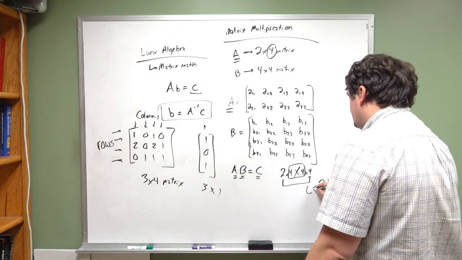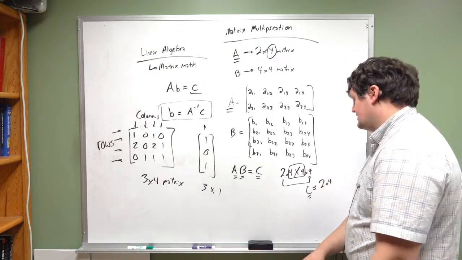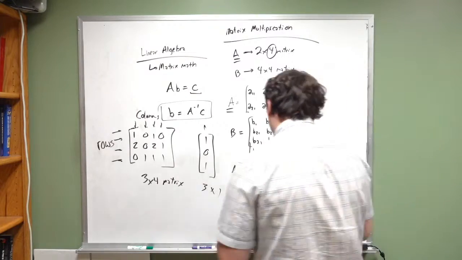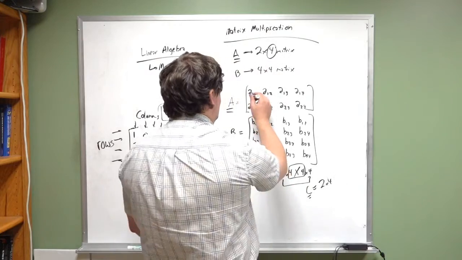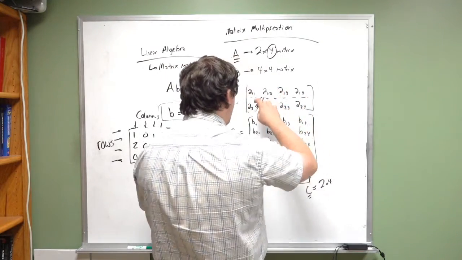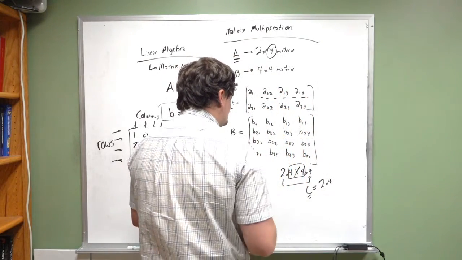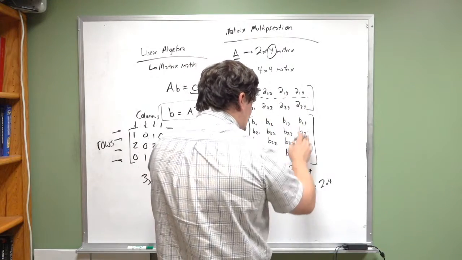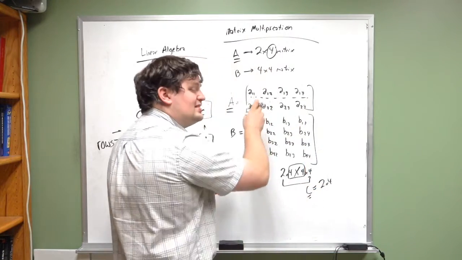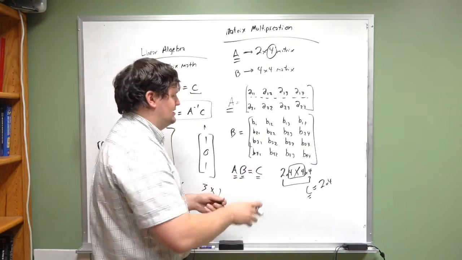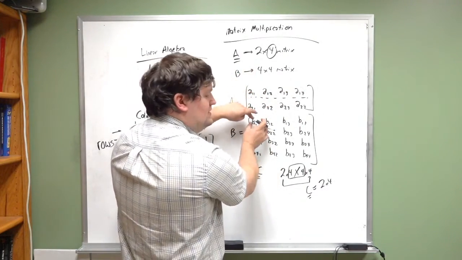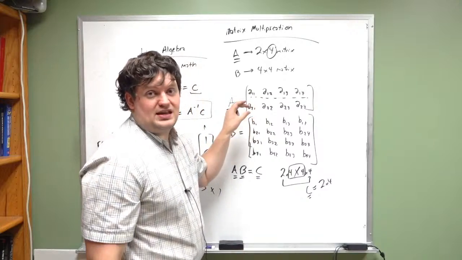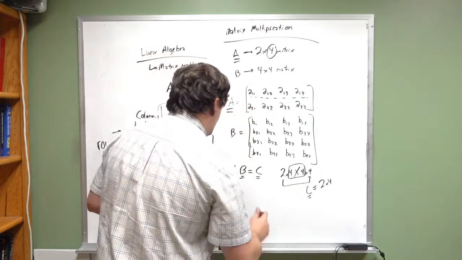So C is going to be a 2 by 4 matrix. I will take every value in this row and multiply it by every value in this column, and then I will do the same for every single column. It's kind of like the term indexing. I'm multiplying by this column and this row, so the result is going to be a single value that is in that column and that row.